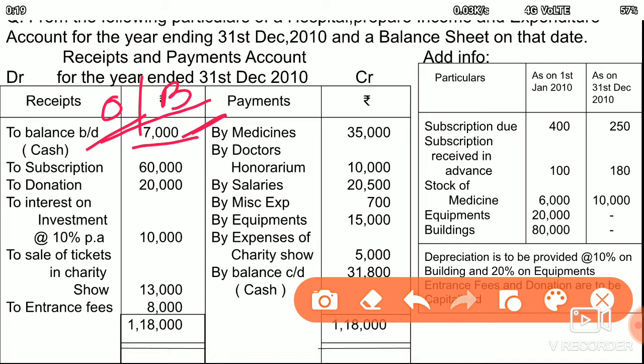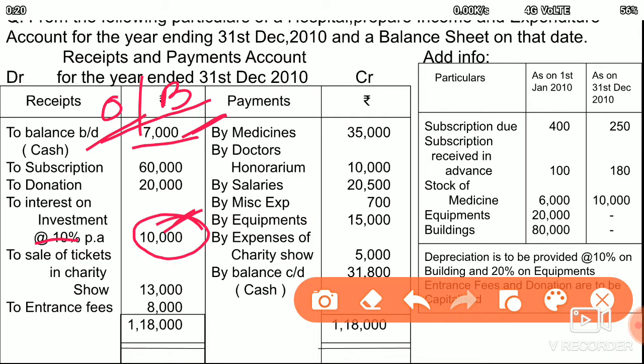Then again, we can see there is interest received of 10,000 rupees. This 10,000 rupees is not from a new investment, but is interest from the old investment. So there must have been some investment in the previous year. For calculating the investment, they have given us this 10%. So we will calculate how much the investment was for which this 10,000 rupees was received as interest.